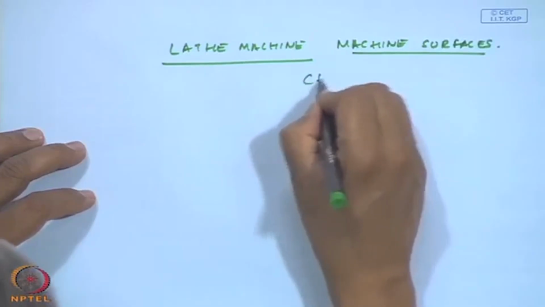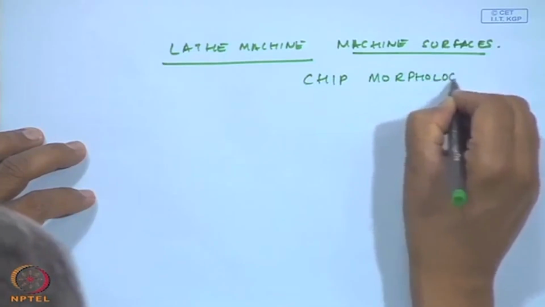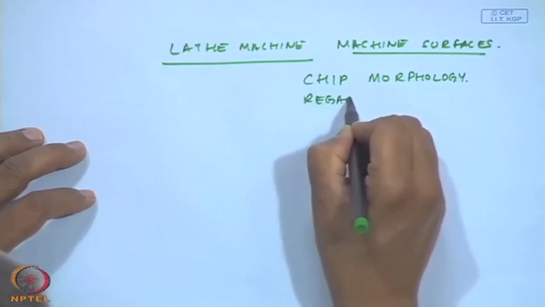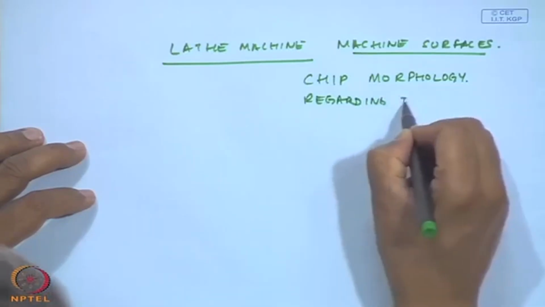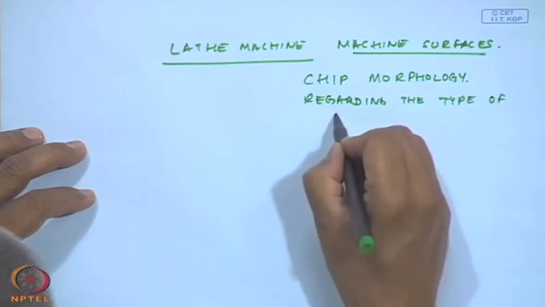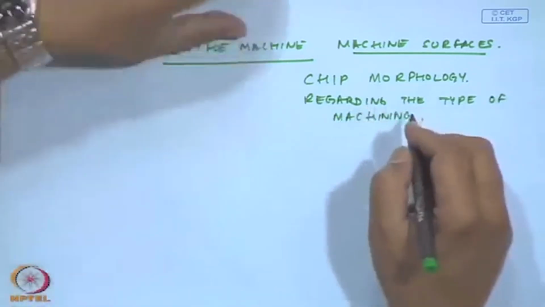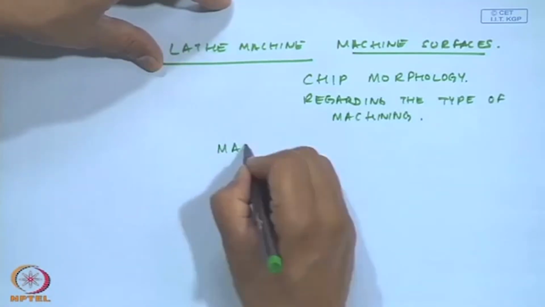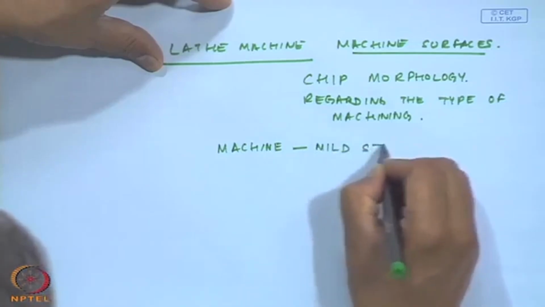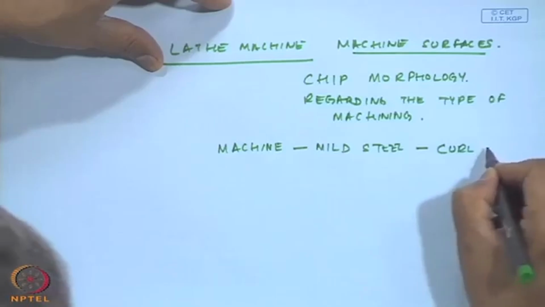The chip morphology tells us regarding the type of machining. I am sure all of you must have seen, while you machine a mild steel specimen, you will get curled chips.